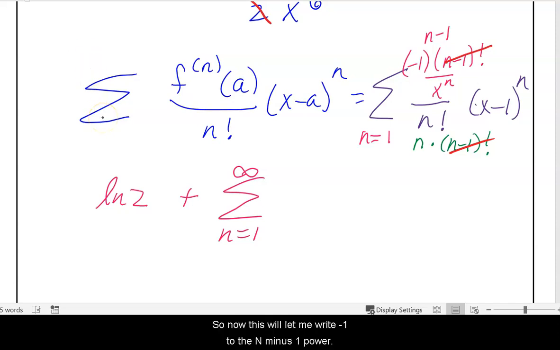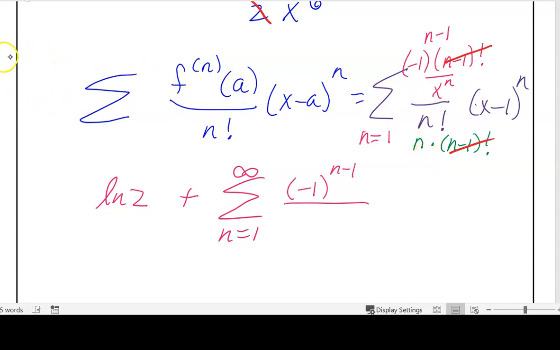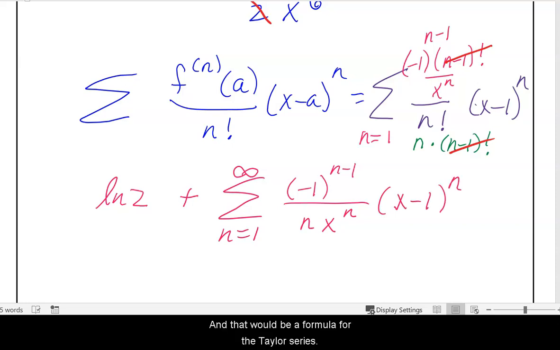So now this will let me write negative 1 to the n minus 1 power. I can drop the x to the n to the denominator. So this can drop down here next to the n in green that got left. So I have n x to the n times x minus 1 to the n. And that would be a formula for the Taylor series, right?